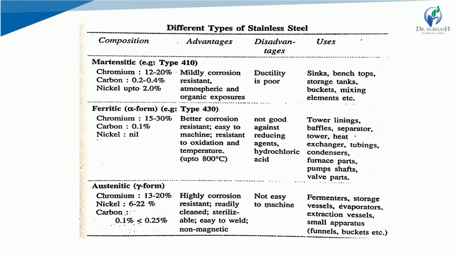And the third and last one is austenitic, that is the gamma form. It contains chromium, nickel, carbon. Again, the composition varies from the first two. The advantages also vary as the forms vary, and disadvantages also vary, and uses also vary. Please pause the video so that you can read carefully.